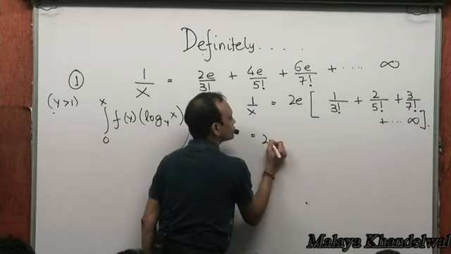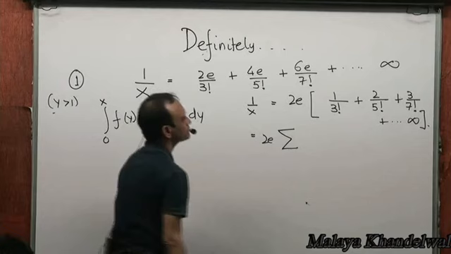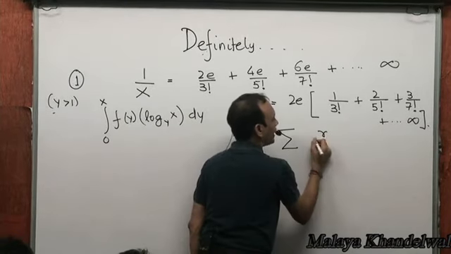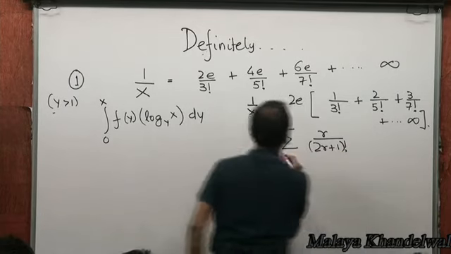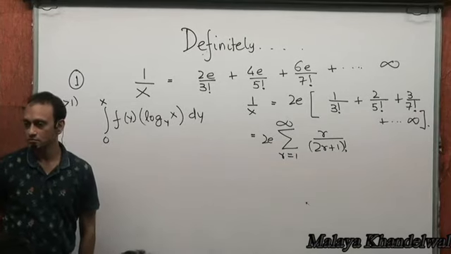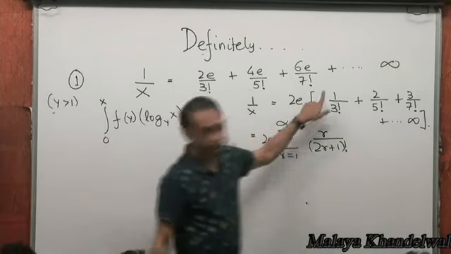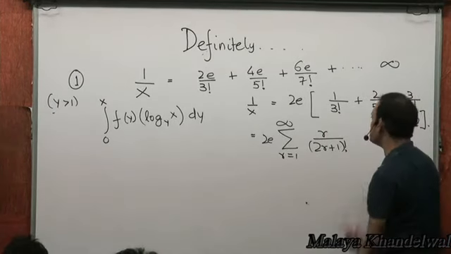Which is like 2e summation r by 2r plus 1 factorial, r equal to 1 to infinity. Yes or no? That's what this is. Isn't it? 1, 2, 3 r, and this is 2r plus 1, 2r plus 1, etc.